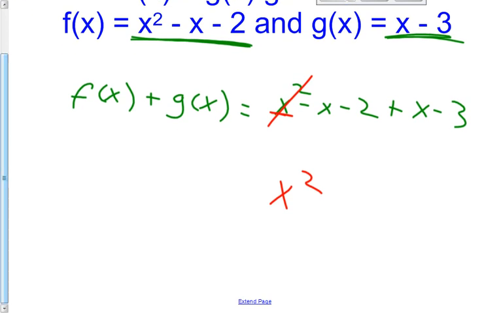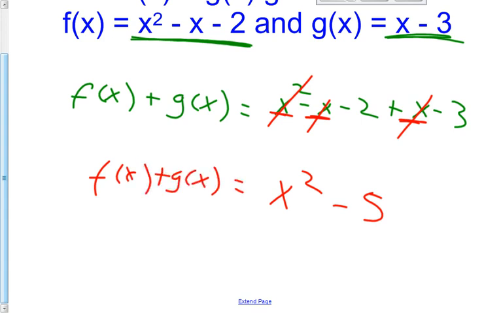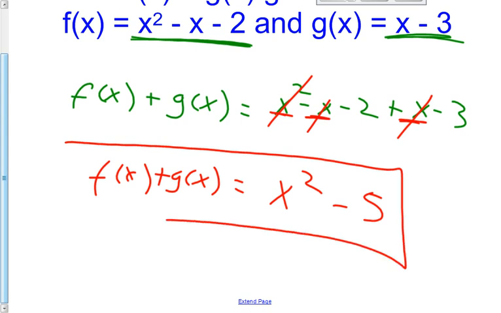I have a negative x plus an x, making 0 x's. I don't even have to write that down. They are gone. And then I have a negative 2 minus 3, making a negative 5. So if I add f of x plus g of x, my sum is going to be x squared minus 5. Not too bad, I don't think.